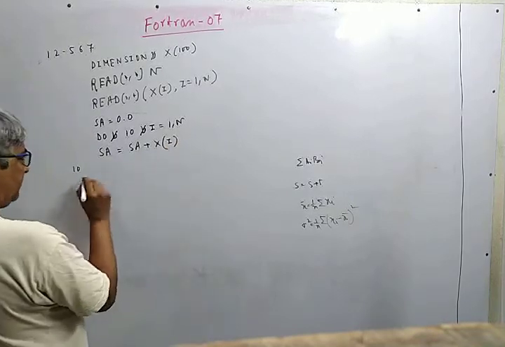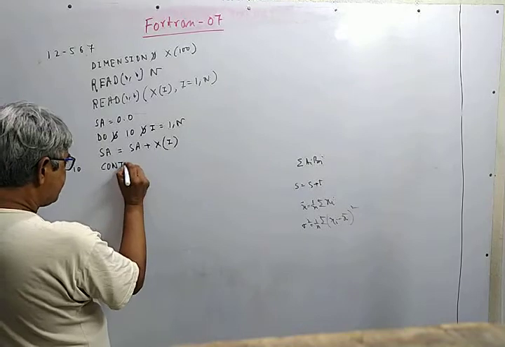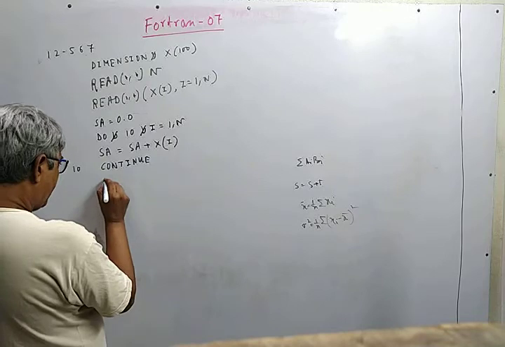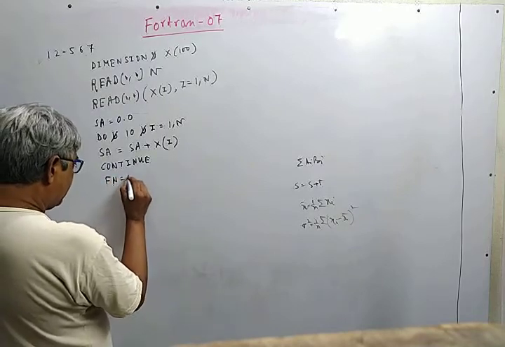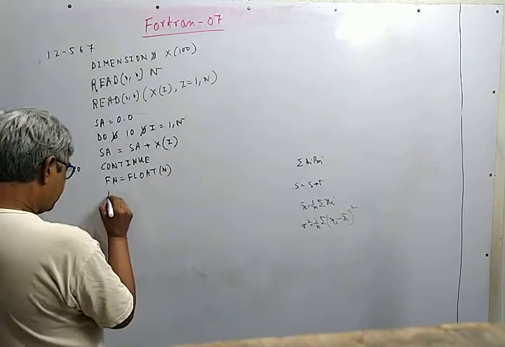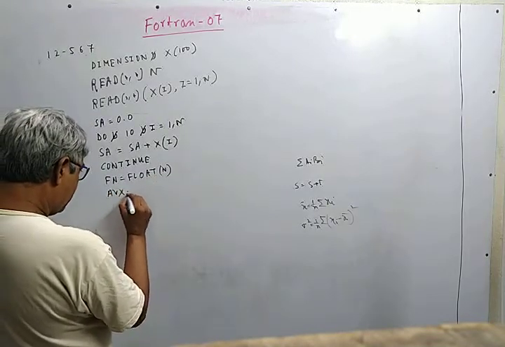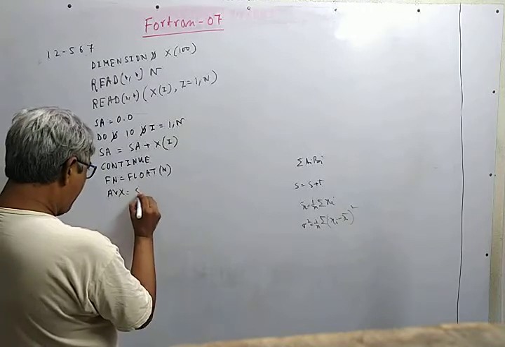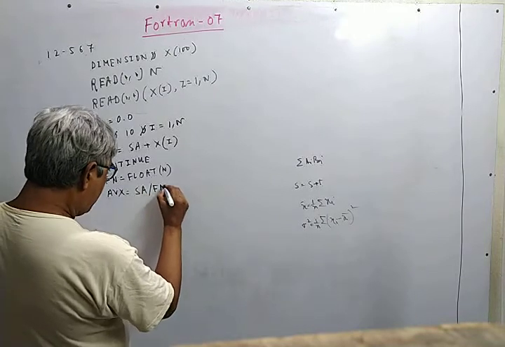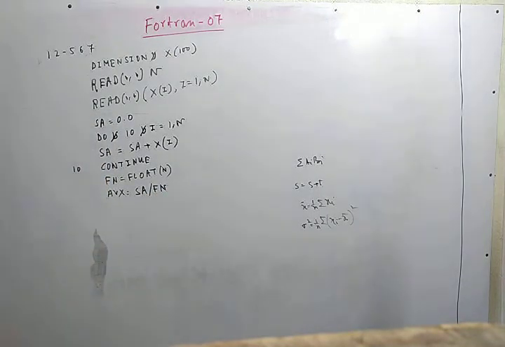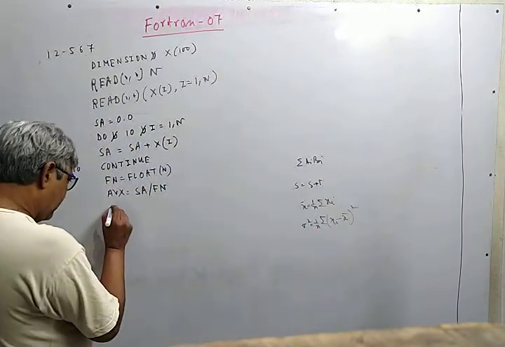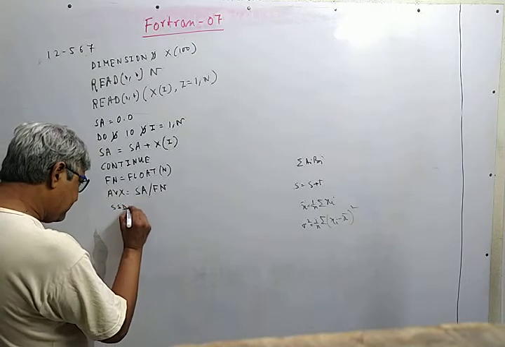Within columns 2 to 5, this is 10 continue. Then float n, so average x is equal to S average divided by fn. Now we want to calculate this one. Then we first initialize this.